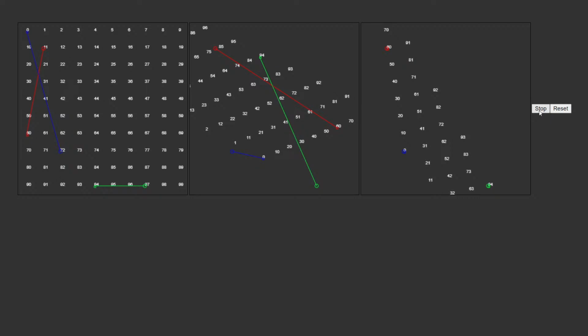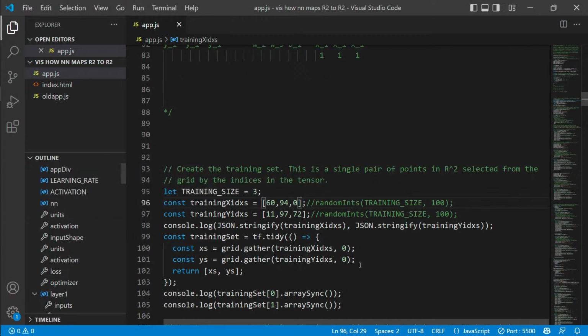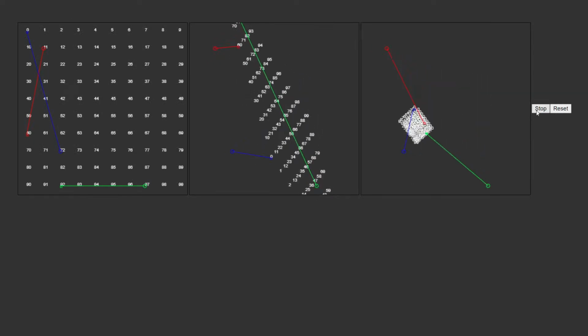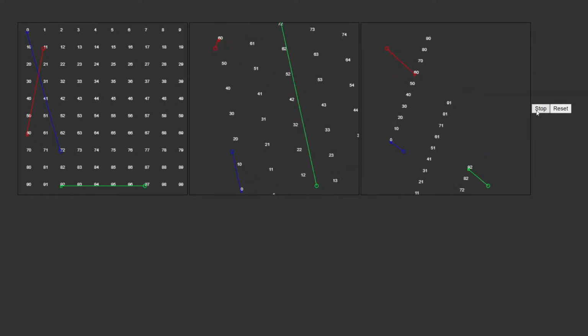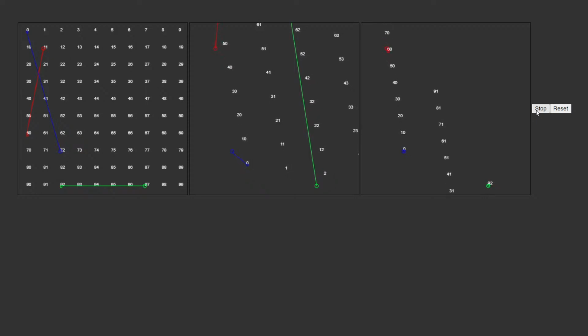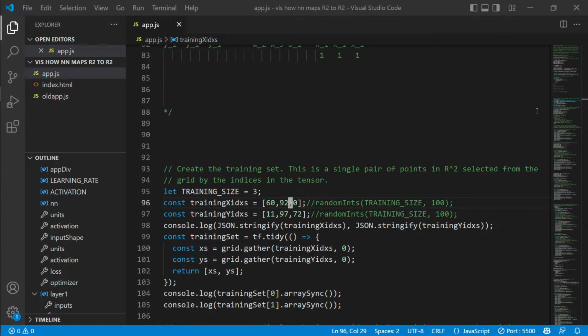So I wonder if it's because this guy is somehow in the same columns as these guys, right? So let's move it to, I don't know, 92? Okay. 91.